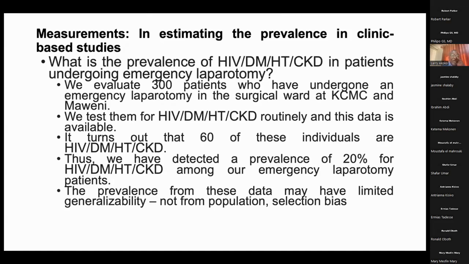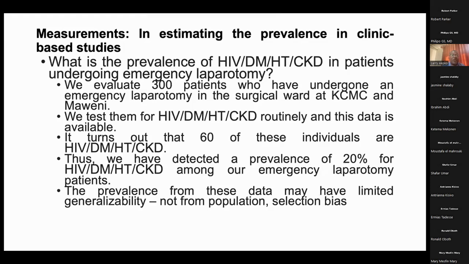And from them, we want to know how many of them have HIV, diabetes mellitus, hypertension, or CKD, because these might have been existing with these patients or might be the reason why they had a laparotomy. We don't know. So we already know the prevalence of emergency laparotomy, but we want to know how many of these patients actually have any of these conditions.